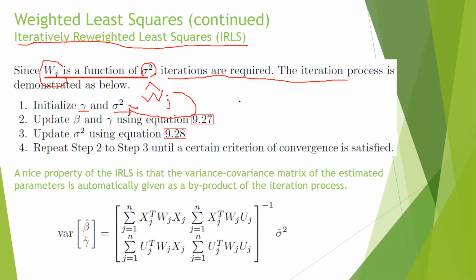Then we do the iteration, and once the iteration converges, you have the solution for both of them. Is that clear? Any questions?